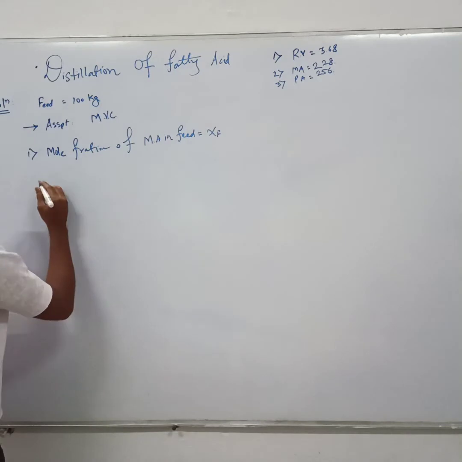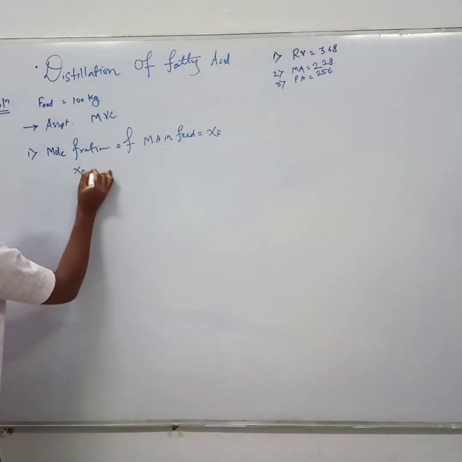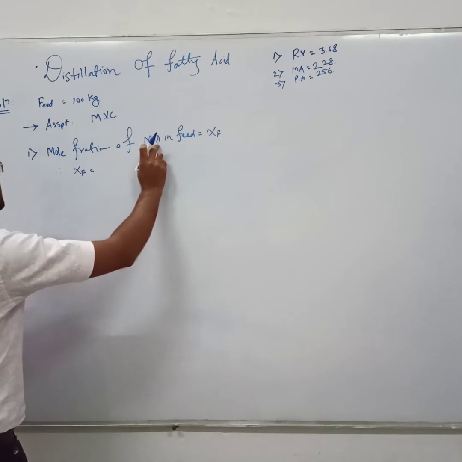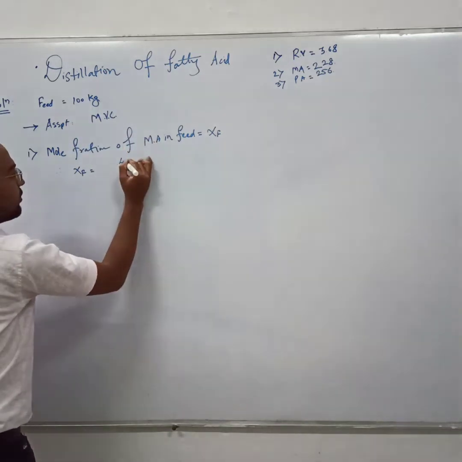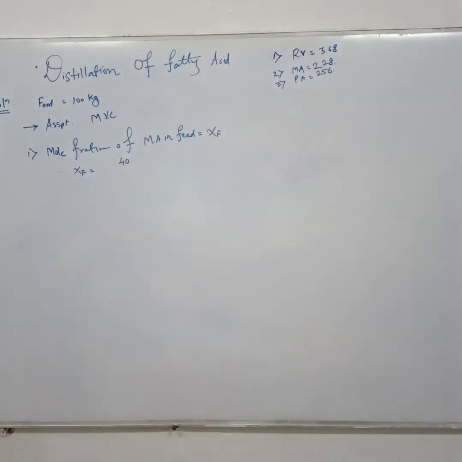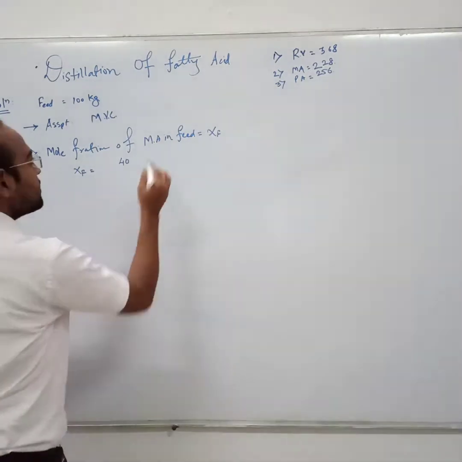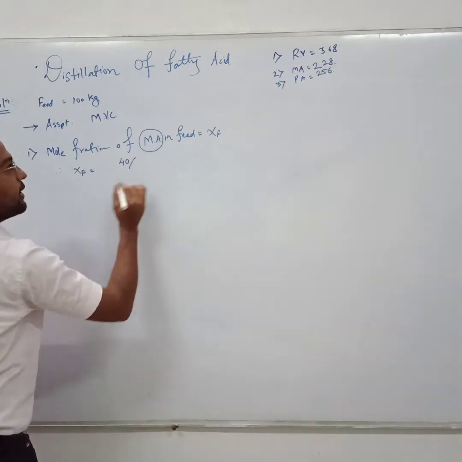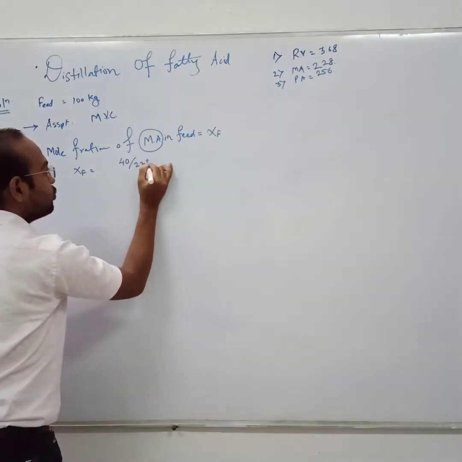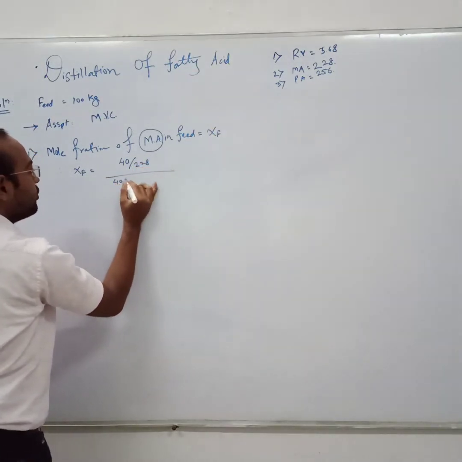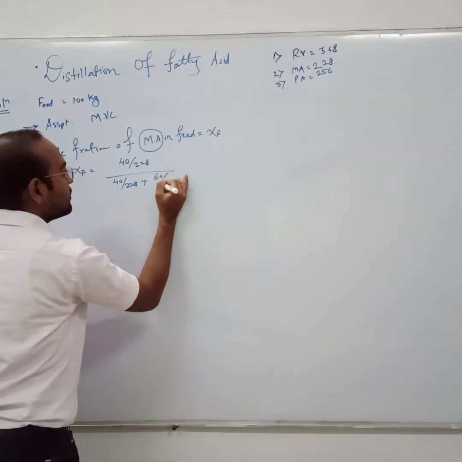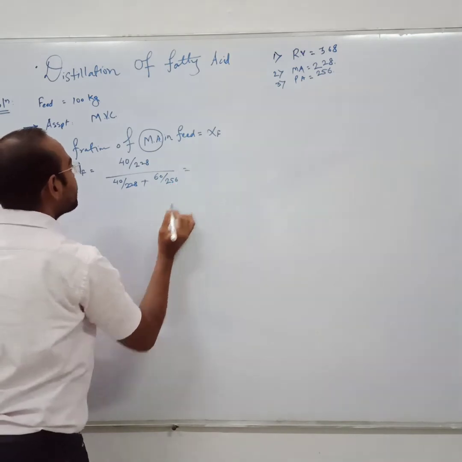How can we calculate XF? It equals the amount in kg present in our feed, and our more volatile component is myristic acid. So it is 40, and the molecular weight of myristic acid is 228. So 40 by 228, upon 40 by 228 plus 60 by 256.